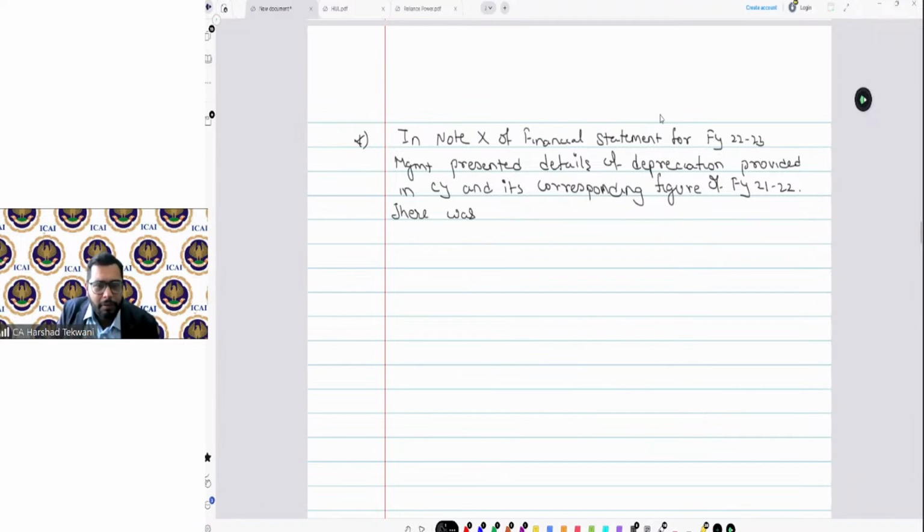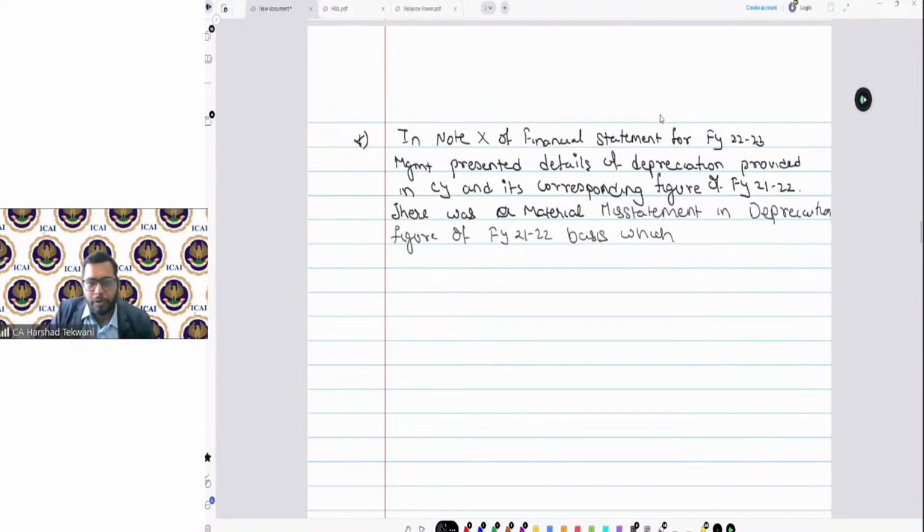There was a material misstatement in the depreciation figure of FY 21-22, basis which the auditor issued a qualified opinion in last year.